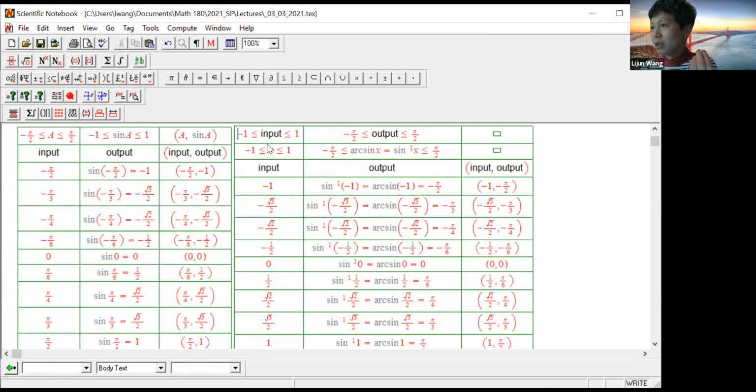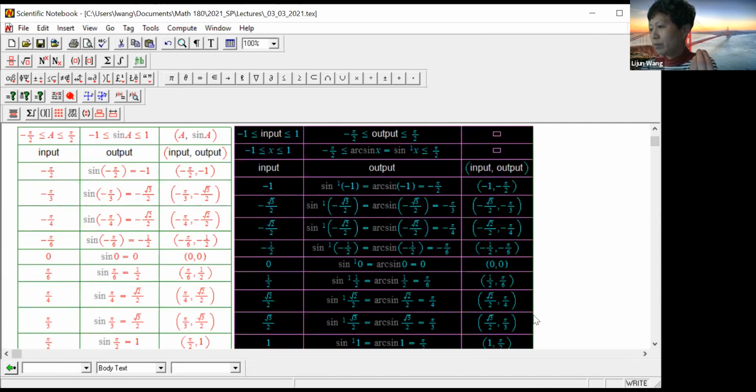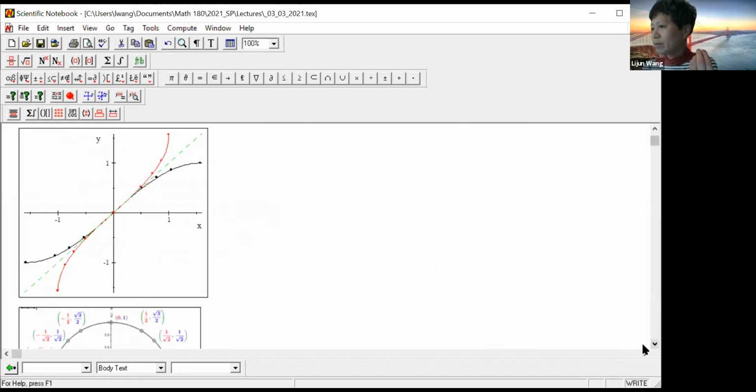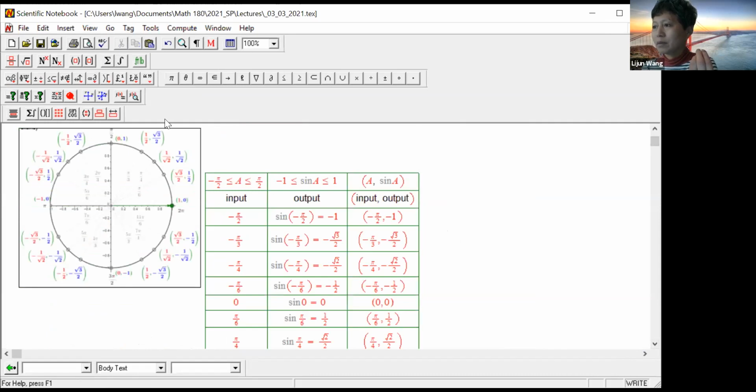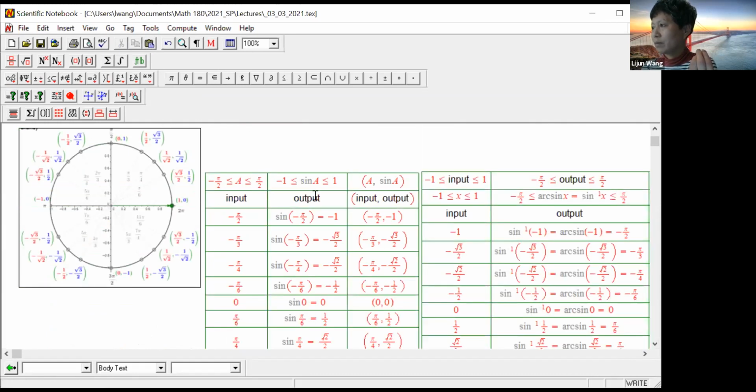If you look at this table and the other table, we know they're inverse functions of each other. These two tables we just worked with, which piece of the unit circle do you think we do not need for these two tables?